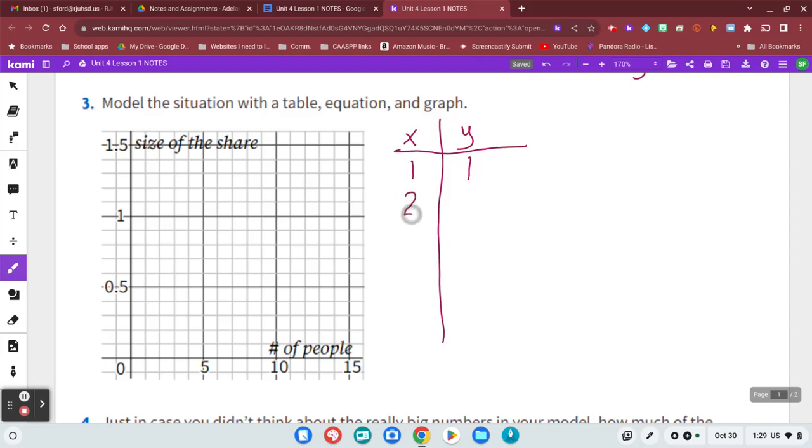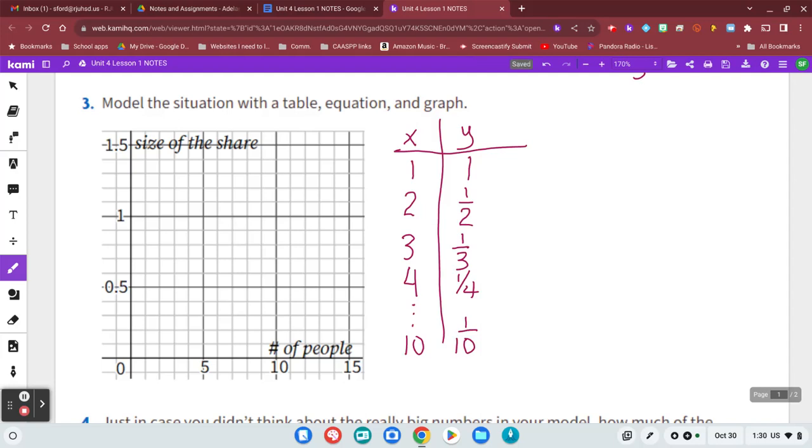If I share it between 2 people, we each get 1/2. If I share it between 3 people, I get 1/3. And you can keep going down. 4 people is 1/4. And I'm just going to go down. If I had to share it between 10 people, it would be 1/10.